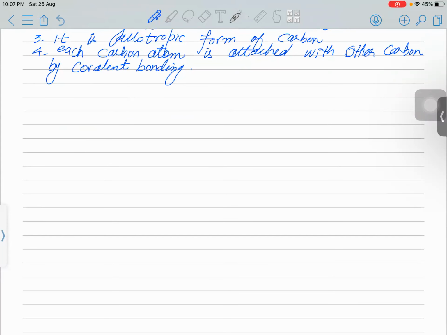Now look at the structure of diamond. This is carbon.